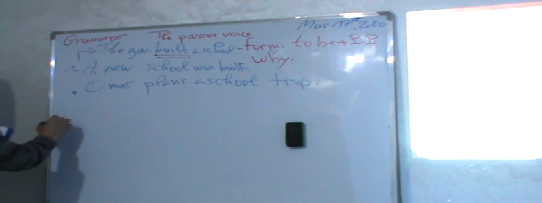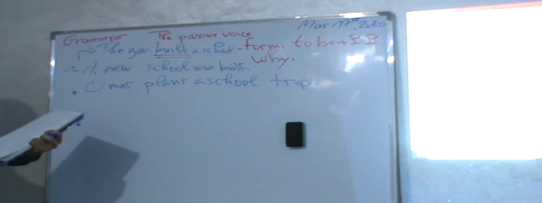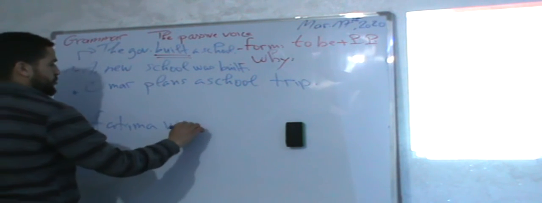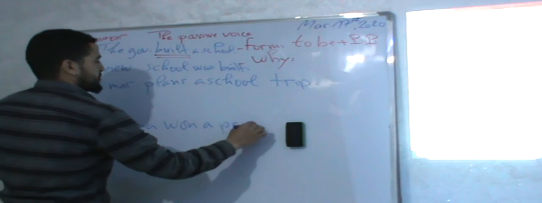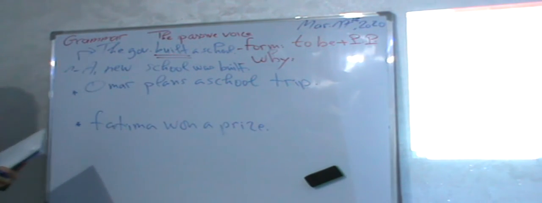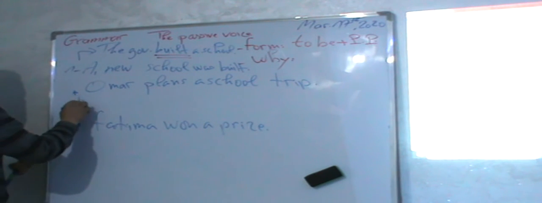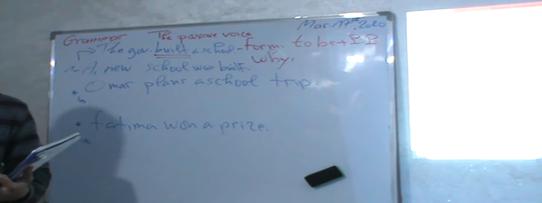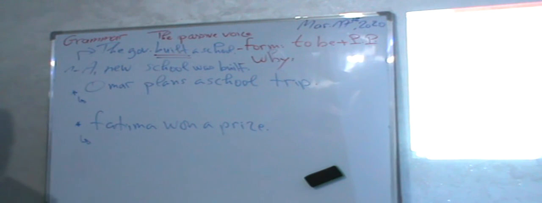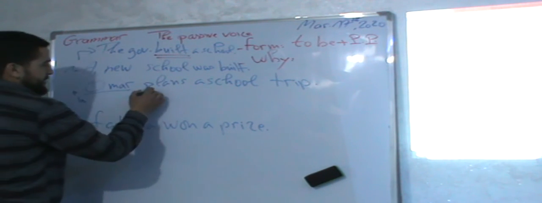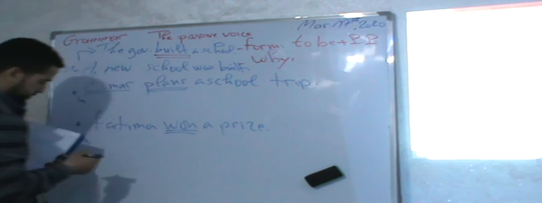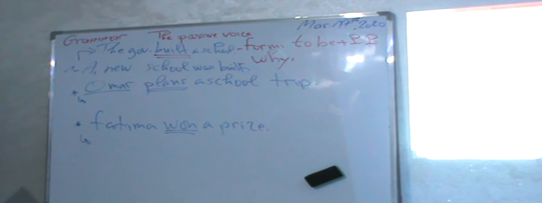Another one: Fatima won a public speaking prize. How could you say this using the passive voice? Omar, the active voice, plans, simple present, a school trip. Fatima won, simple past, a prize. Try to apply the same logic I have explained here.